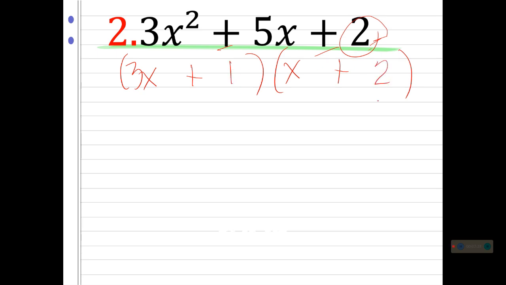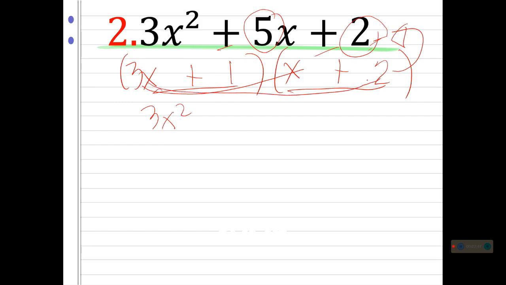Then let us check if you will obtain the middle term, because these two factors should be equal to our given quadratic trinomial. So if we check, 3x times x is 3x squared. 3x times 2 is 6x, so positive. Positive 1 times x is positive x.